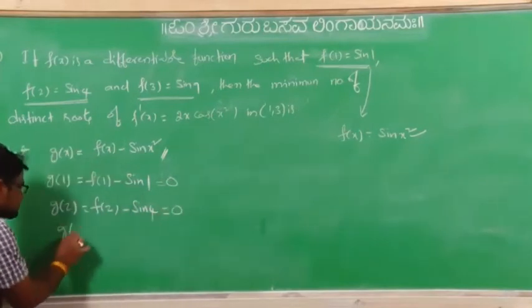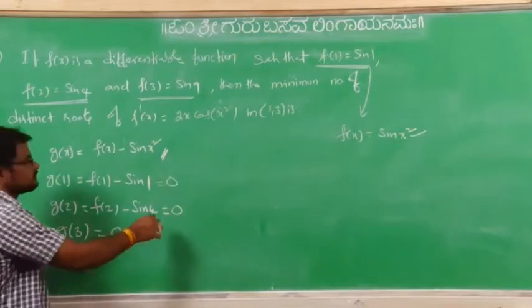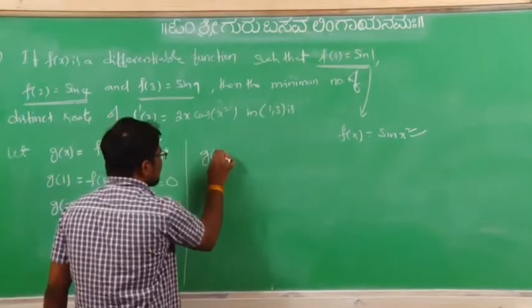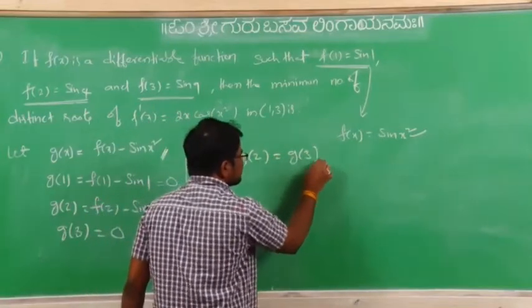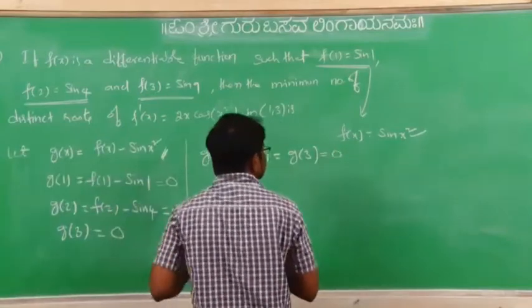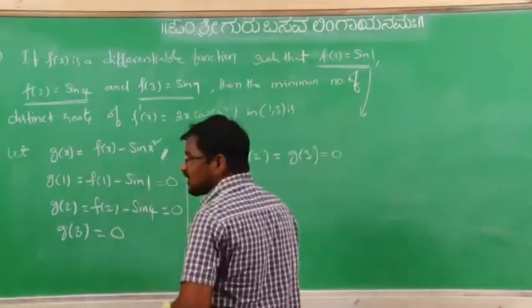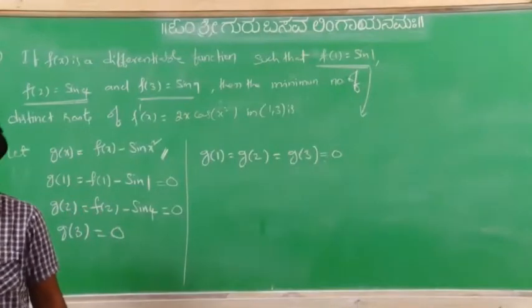And what about g(3)? Also 0. So g(1) equal to g(2) equal to g(3) equal to 0. So the third condition of Rolle's theorem is satisfied, in how many intervals? 2 intervals.